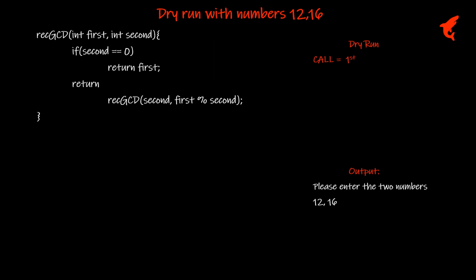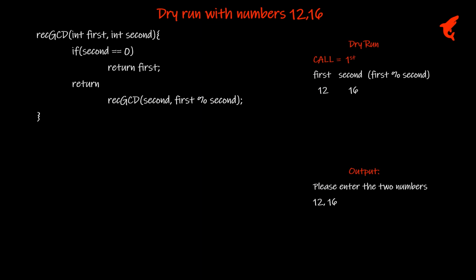Okay, and then the recgcd function is called with the values 12 and 16. So two parameters or two variables, first and second, are created. This is our first call to recgcd, with the value of first as 12 and second as 16. Now the first thing done in this function is to check the if condition.